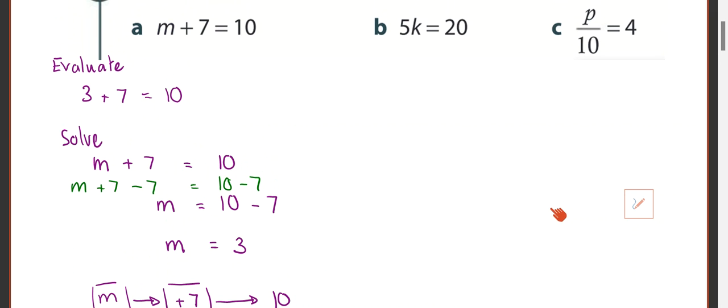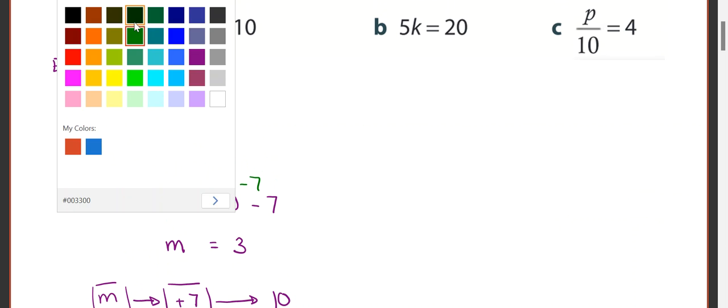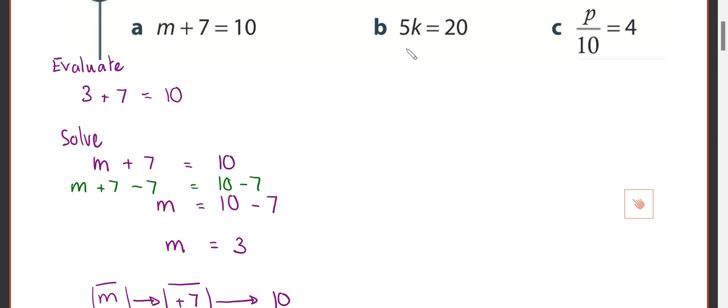What about the next one? Evaluating would be saying 5 times 4, evaluate it, it's 20.